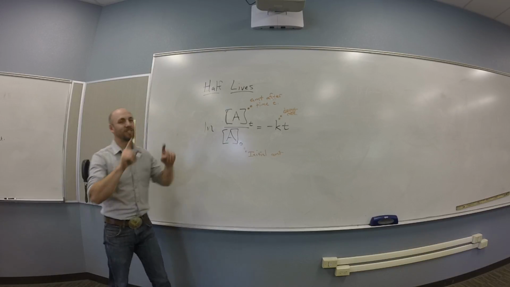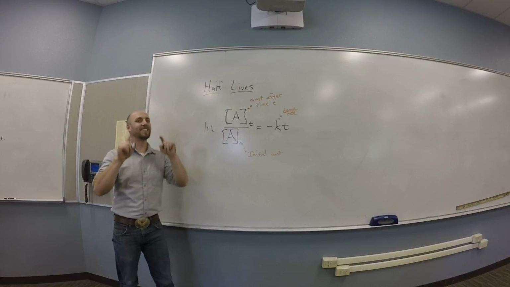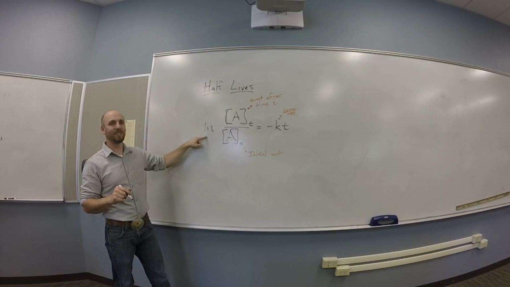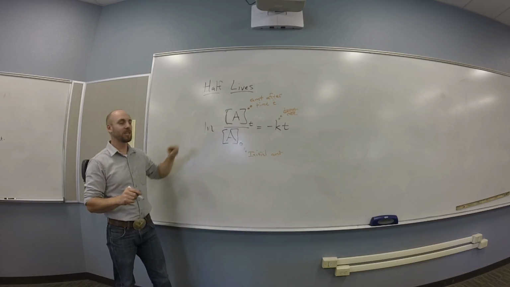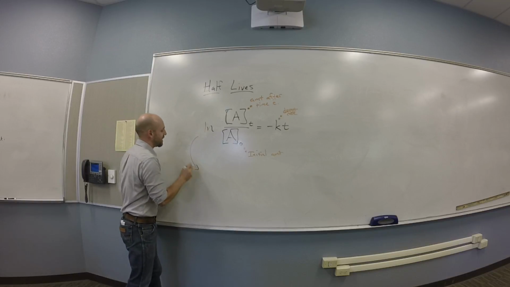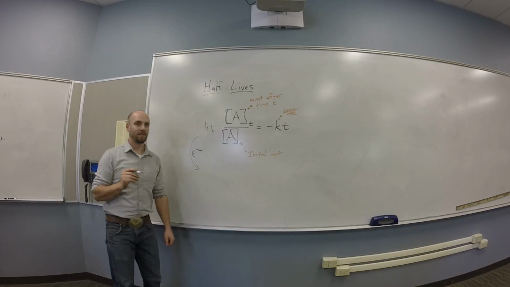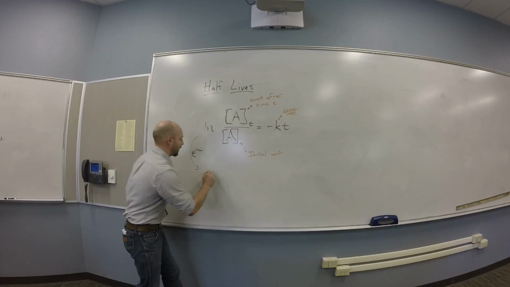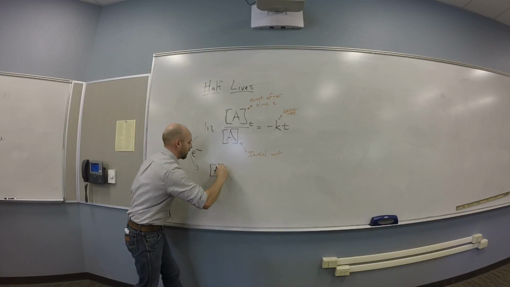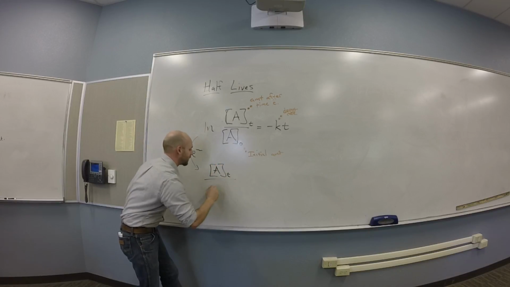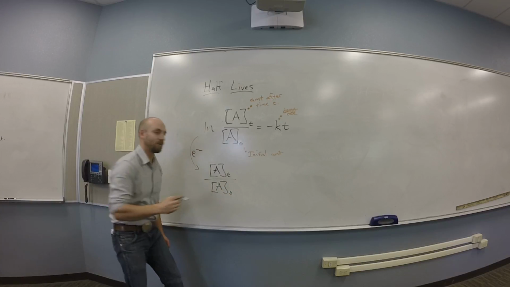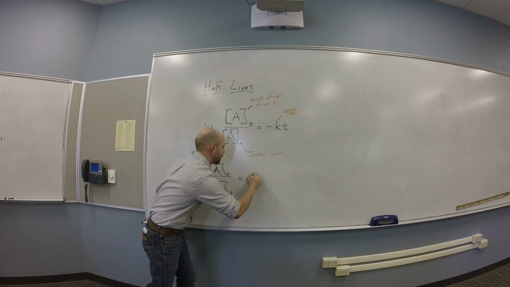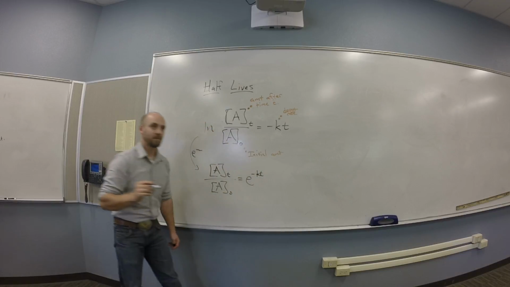The reason is that I want to see that exponential function. So the first thing I'm going to do is hit both sides with an e to the stuff. So the amount of chemical A at time t divided by the amount of chemical A at time 0 should be e to the minus kt.